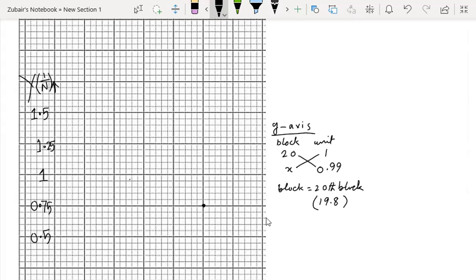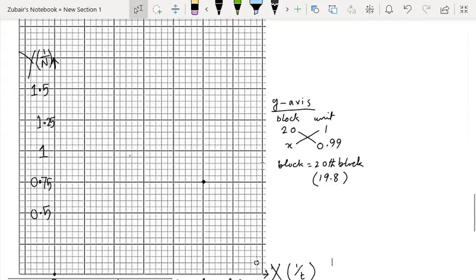19.8. So where is the 20th block? The 20th block is this: 5, 10, 15, 20. So this is the 20th. So 19.8 means this should be more than halfway of this small block.